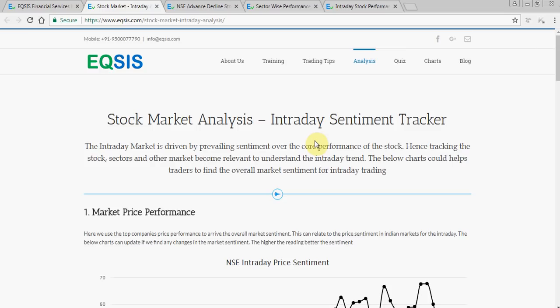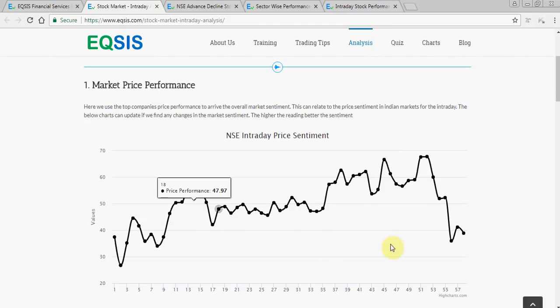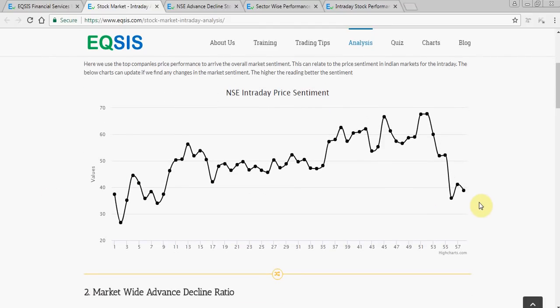To understand the market sentiment, we have come across the very first chart. Look, this is not the Nifty reading, and this is not the Sensex reading. We took our proprietary way of getting some X amount of stocks, calculated a kind of weightage, looked at the price behavior, and came out with something. By looking at this screen, I see the market was positive, and now it is coming down.